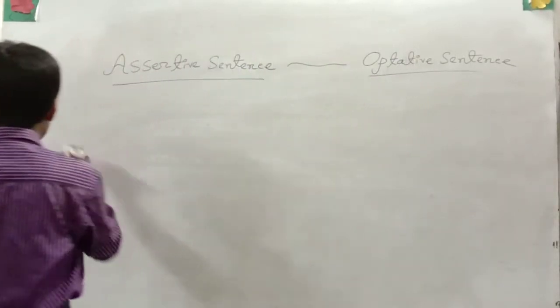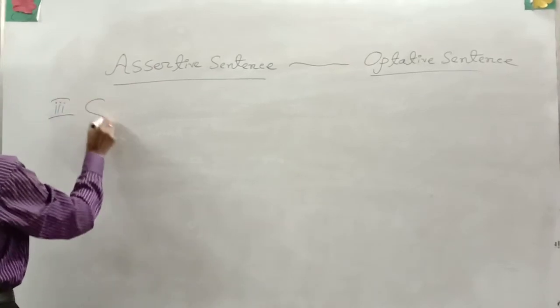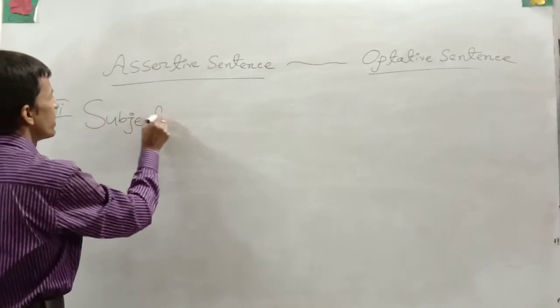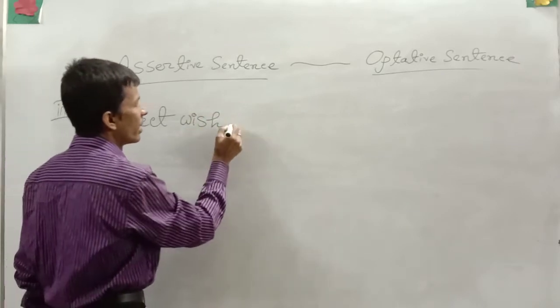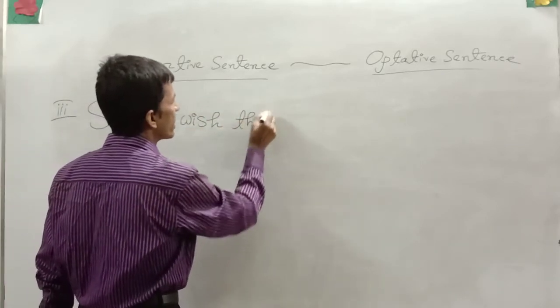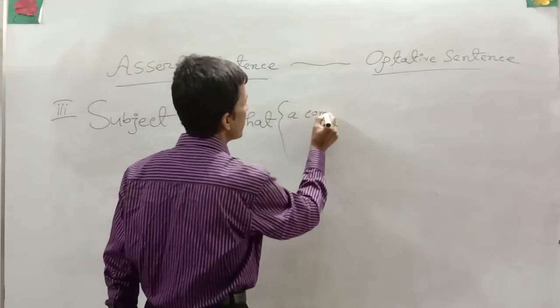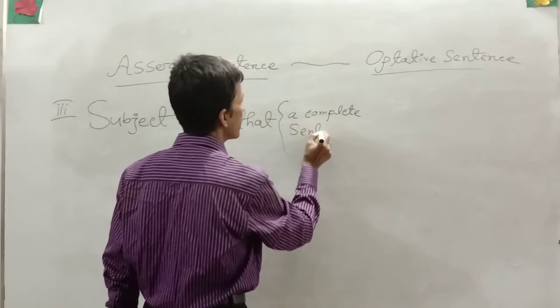In the third part of this discussion, assertive sentence will have to be written in this way: subject, wish, that, then a complete sentence.